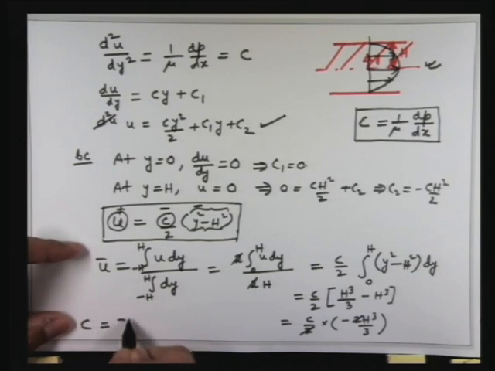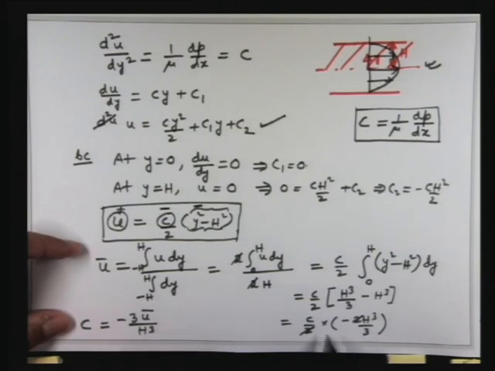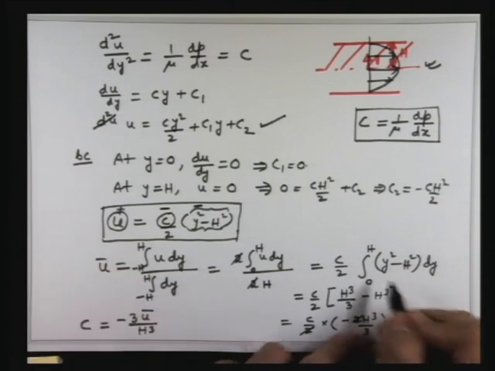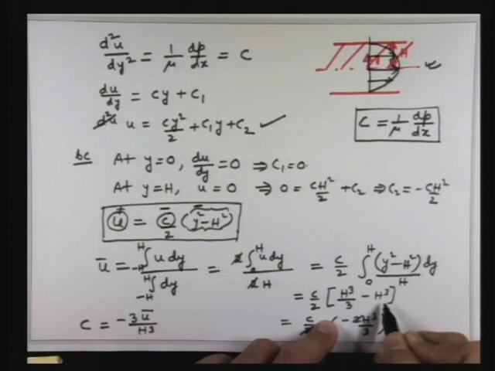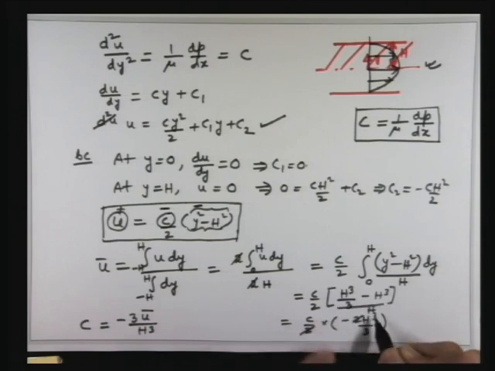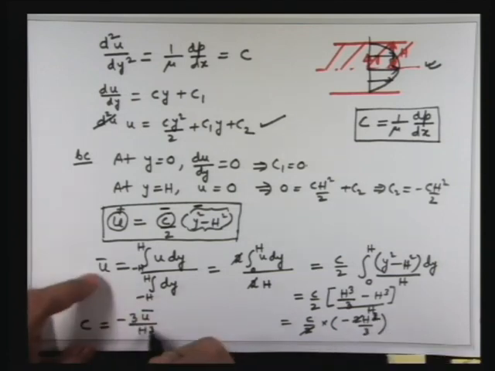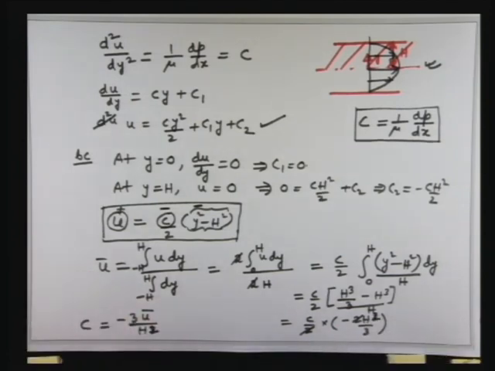C is equal to minus 3u bar by h cube. Oh, there is a division by h, that is there. So right, this divided by h is there, right? Divided by h, so this becomes h square.